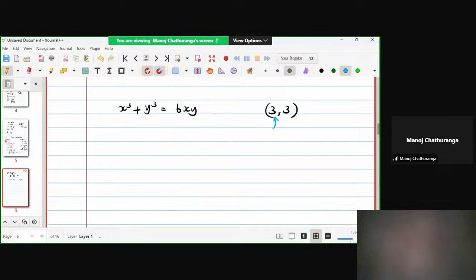For example, for x equals 3, if you substitute it into the equation, you get 3 cubed, that means 27 plus y cubed equals 18y.